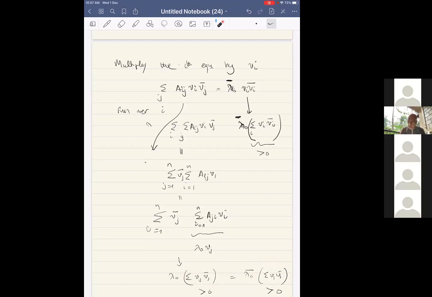So these vi, which are complex numbers, cannot all be 0. Therefore, among the vi, there must be at least one non-zero vi. So that will contribute a non-zero real number. But each of these is a non-negative real number. So the sum must be positive. Yes, sir. I got it now.